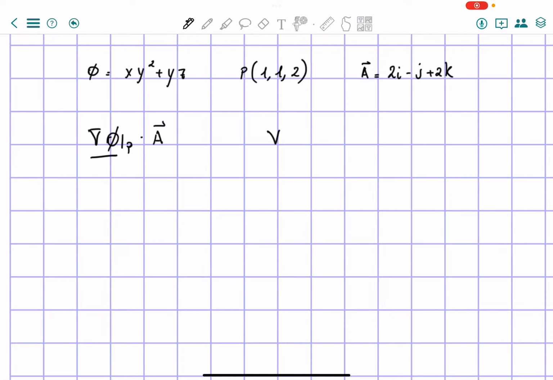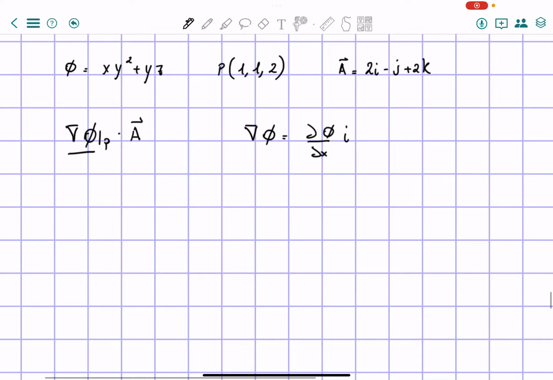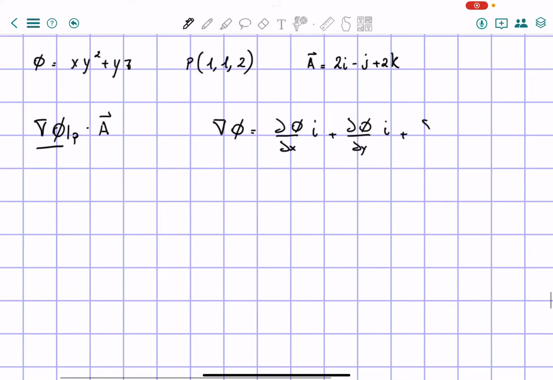So the gradient of our function, that's going to be the derivative of our function in terms of x in the, let's call it I direction, the x direction, plus the derivative of our function in terms of y in the j direction, plus the derivative of our function in terms of z in the k direction.